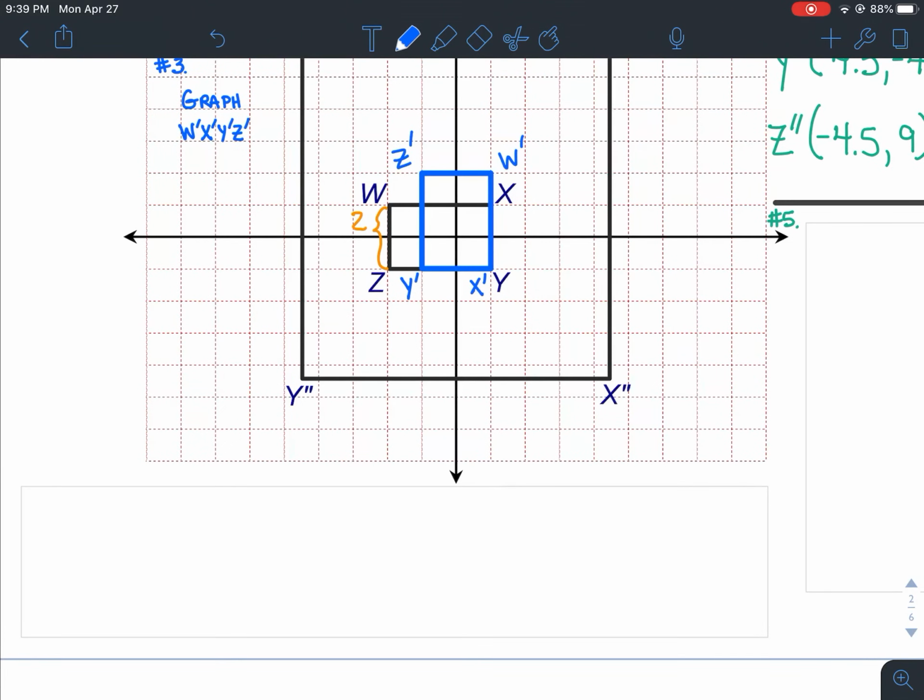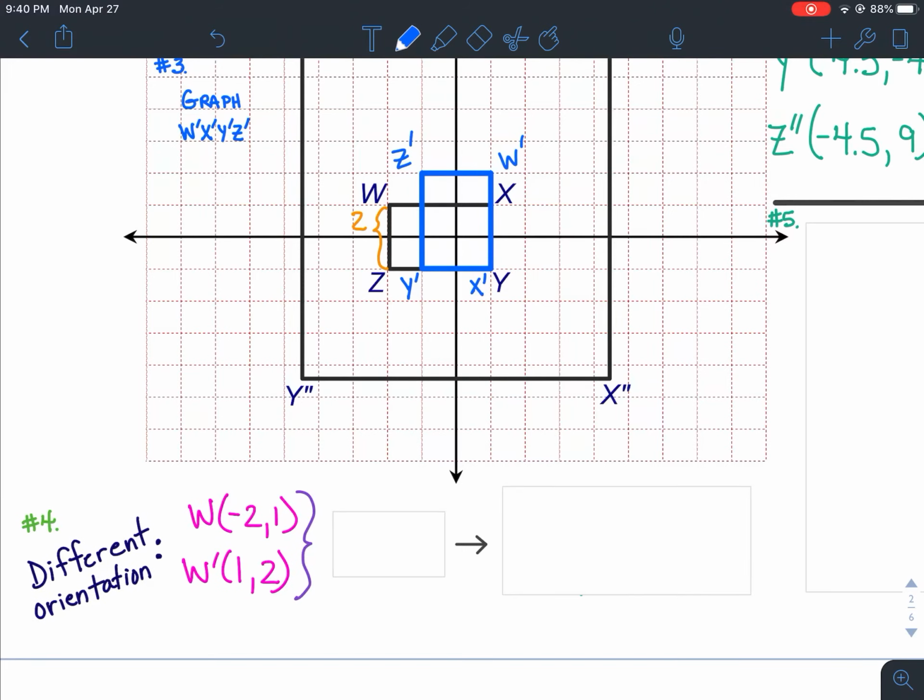And if you look at this, it clearly has rotated that direction. So we're looking at W, which is at negative 2, 1, and W prime, which is at 1, 2. Well, what happened between our coordinates?